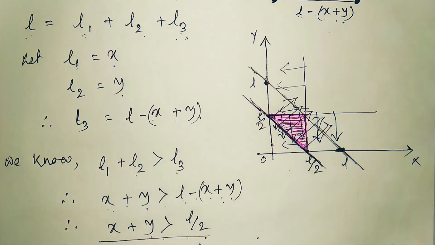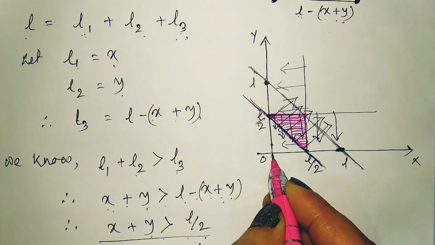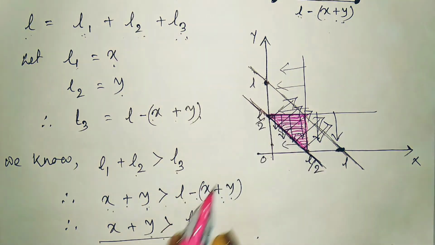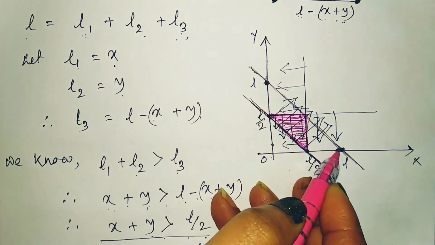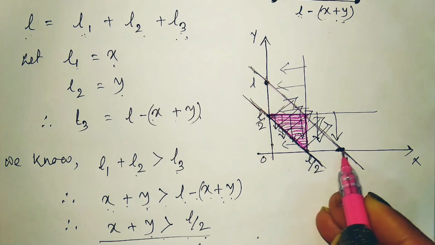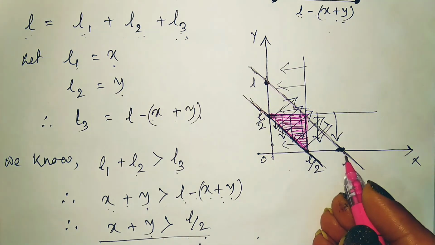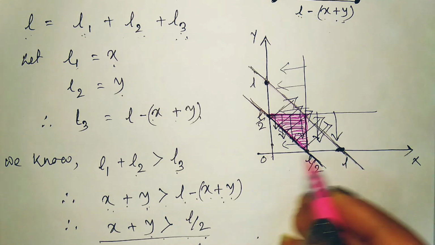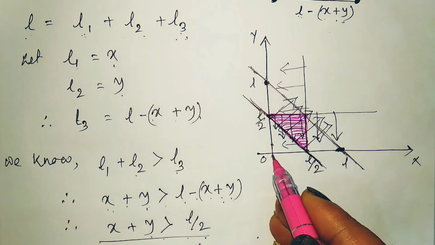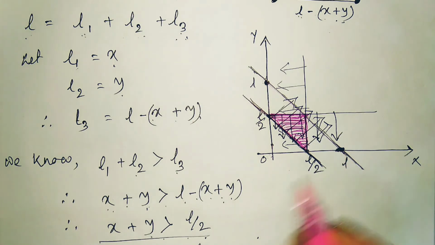And the total number of cases possible: x can have a value up to L, y can have a value up to L, and if we join these two lines, then this one is the boundary, so that the maximum values for x and y are accordingly, and this is the portion which is the sample space we can say.